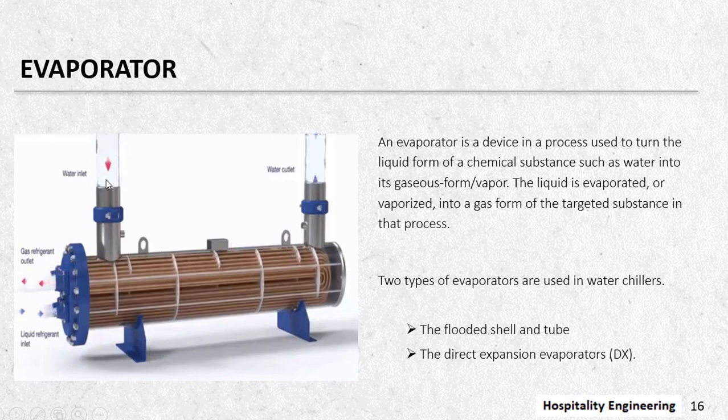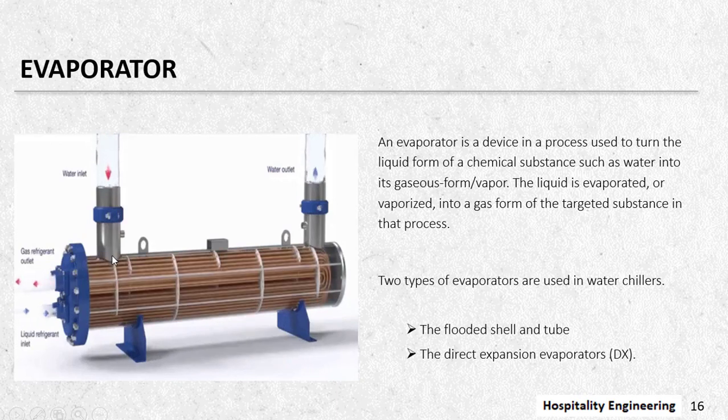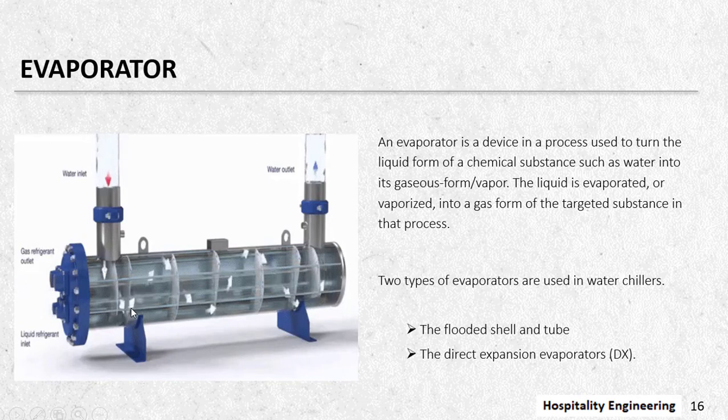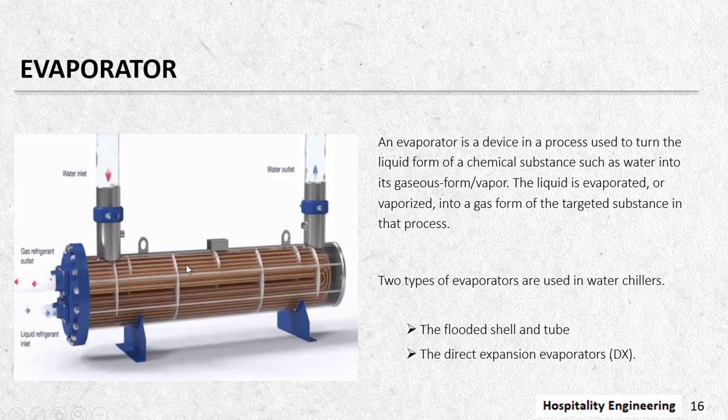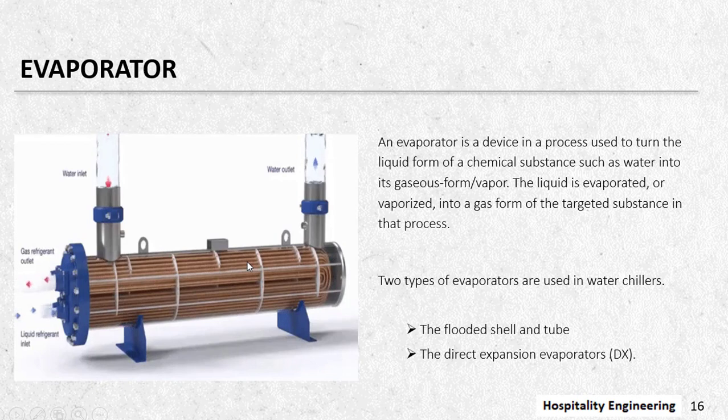The other side, chilled water. For example, the inlet chilled water at 12 degrees Celsius enters the evaporator. Now it gets cooled by the liquid refrigerant. The other side, liquid refrigerant is converting into gas.